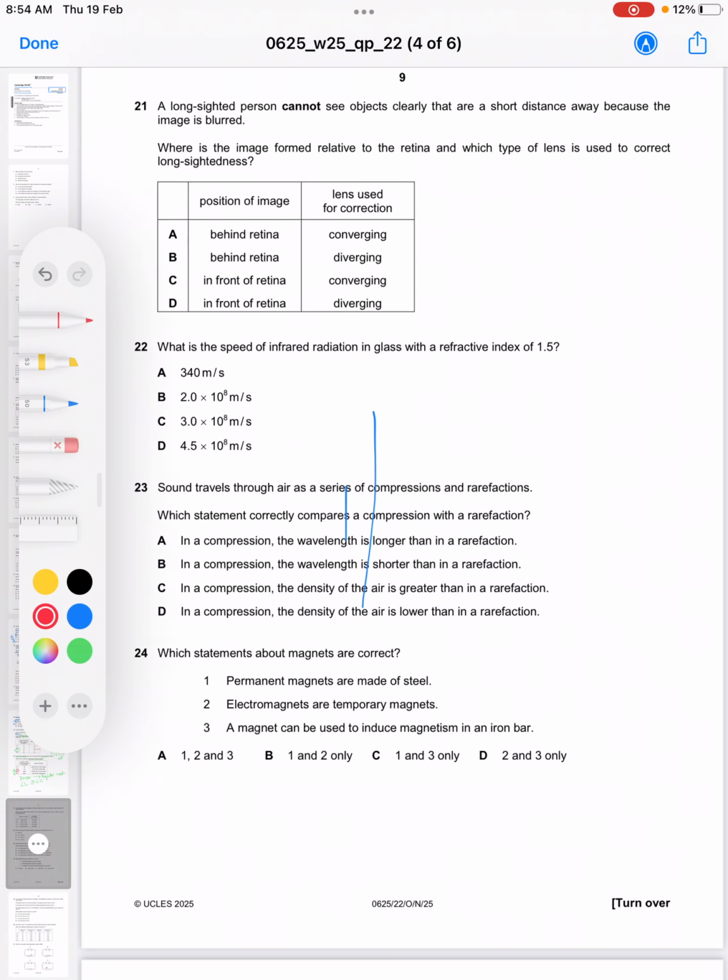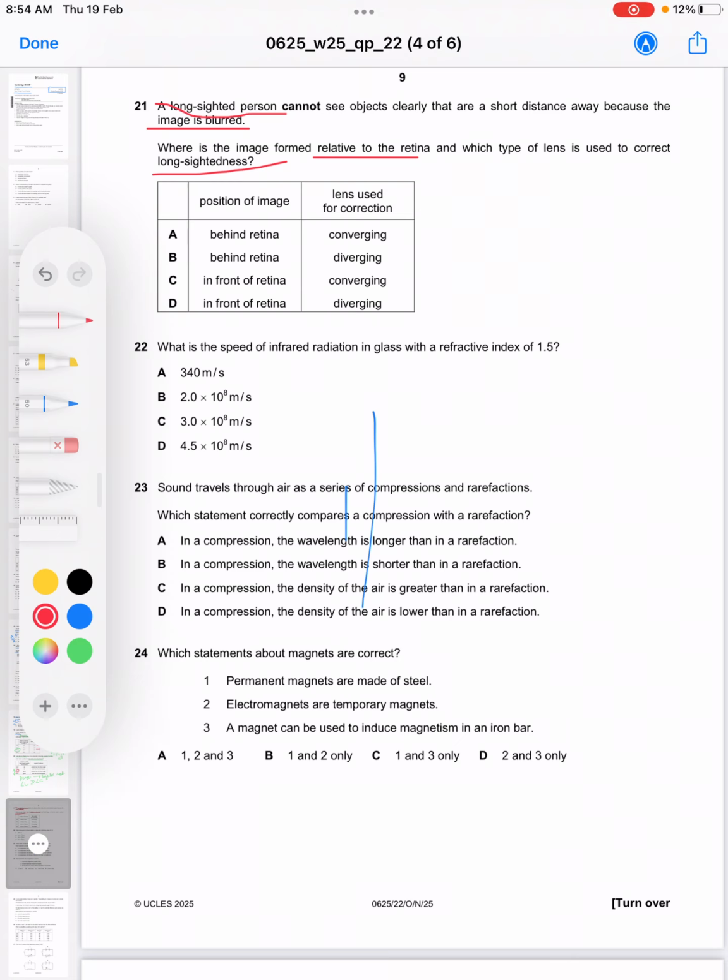A long-sighted person cannot see objects clearly at a short distance away because the image is blurred. What is the image formed relative to the retina, and which type of lens is used to correct long-sightedness?